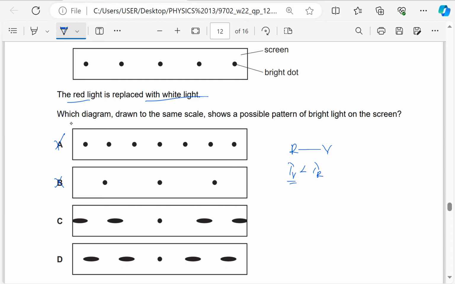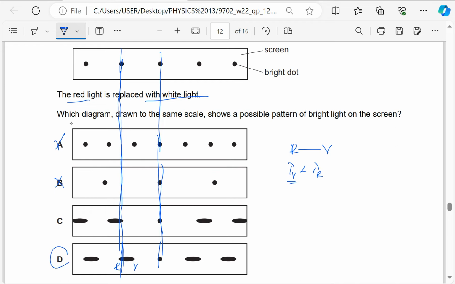So the diffraction pattern is going to be closer to the center. So if this is the center, and this was the original position when we had red, you see, for red, this is where we had red here, and red is at the extreme end of the visible light. So red is this side, violet is the other side.